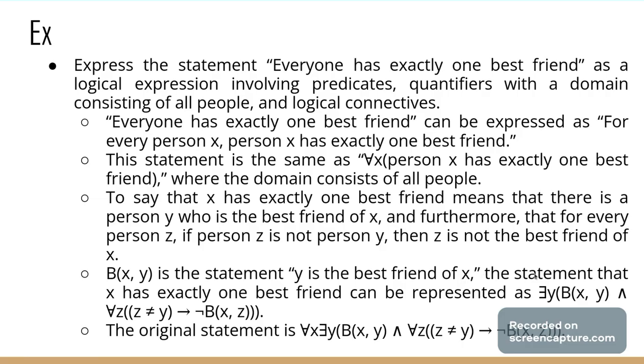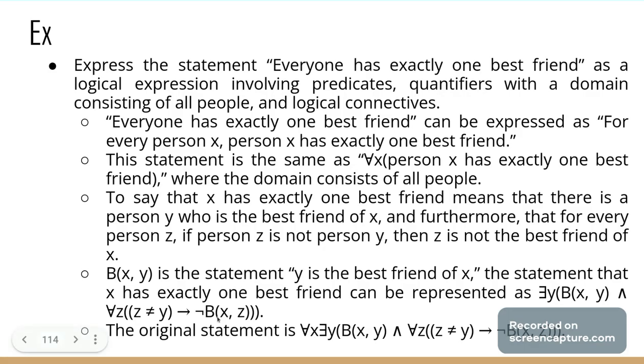Okay, let B(x, y) be the statement Y is the best friend of X. And the statement that X has exactly one best friend is represented by: there exists Y such that B(x, y), that is, Y is the best friend of X, and for all Z, where Z is not equal to Y, it implies that Z is not the best friend of X. Okay, only then can we express the statement that X has exactly one best friend.